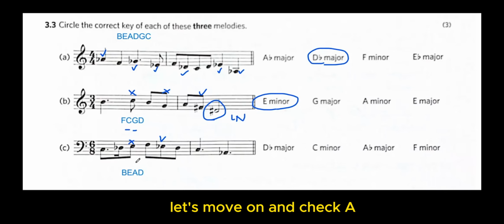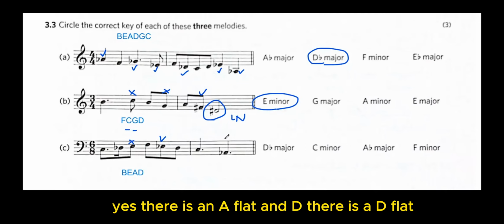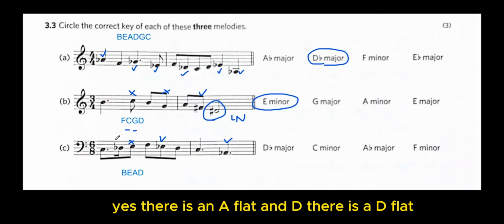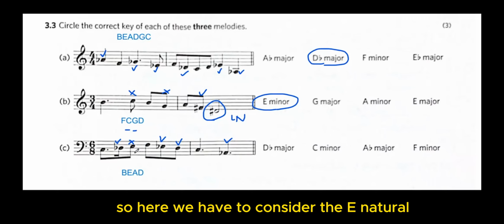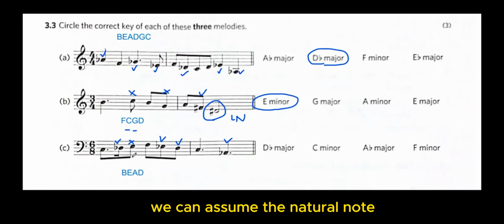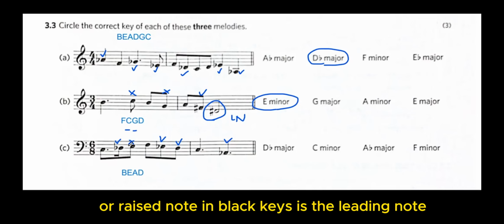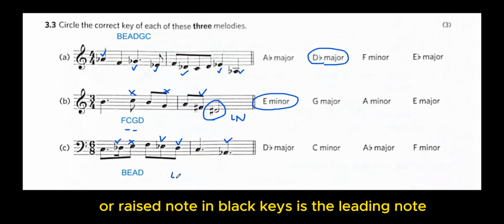Let's move on and check A. Yes, there is an A flat. And D, there is a D flat. And this D flat applies to this note also. So here we have to consider the E natural. We can assume the natural note or raised note in flat keys is the leading note.